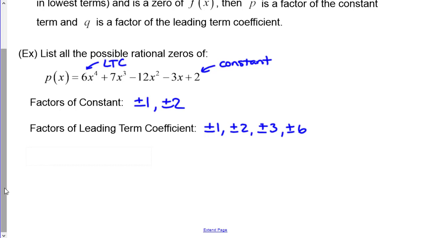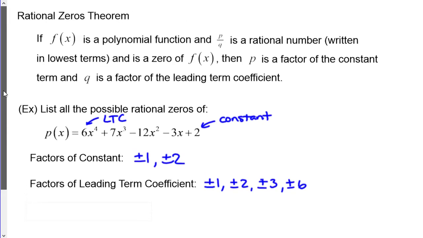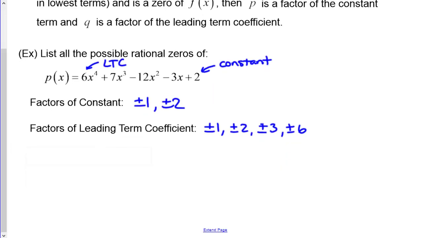Now, according to the rational zeros theorem, all the rational zeros would look like a fraction of those numbers, p divided by q. So if I take all the numbers in my factors of the constant divided by all the numbers in the list for the leading term coefficient, that gives me all of my possible rational zeros.